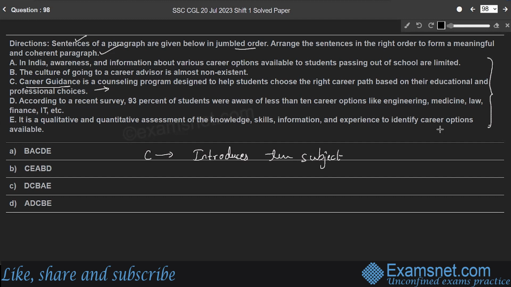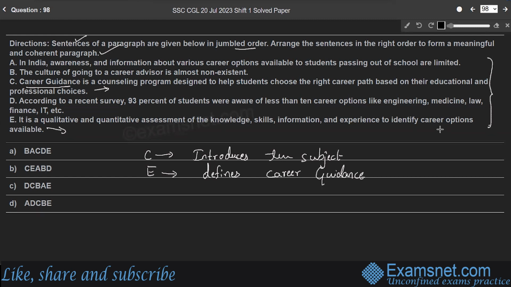So the next sentence will be E. Sentence E: it is a qualitative and quantitative assessment of the knowledge, skills, information, and experience to identify career options available.